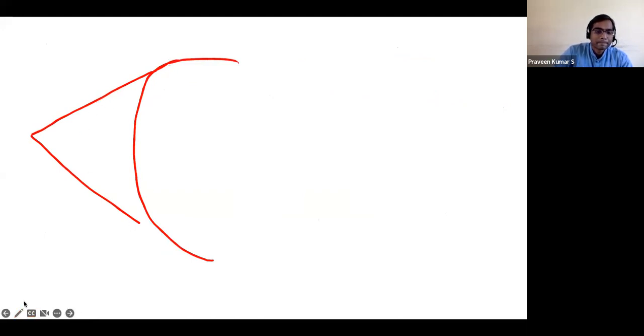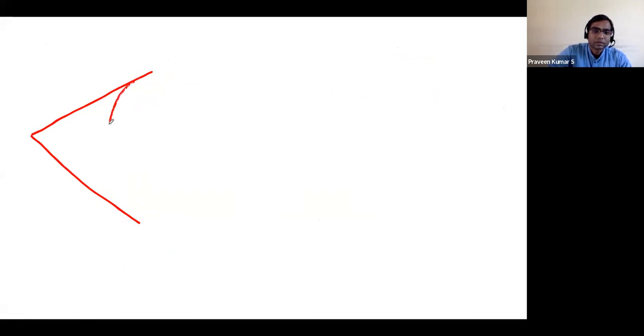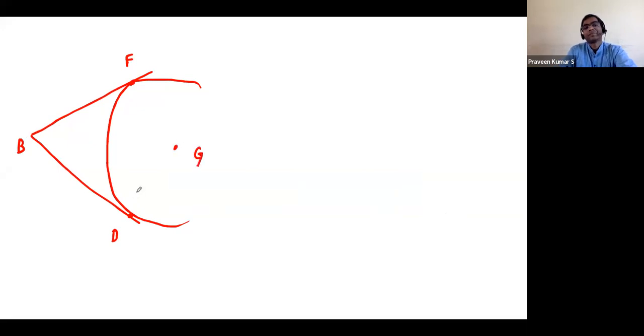Now this was side B. Just look at this, I have just turned this a bit. This will be point D, and this will be F. And the center of the circle is G.